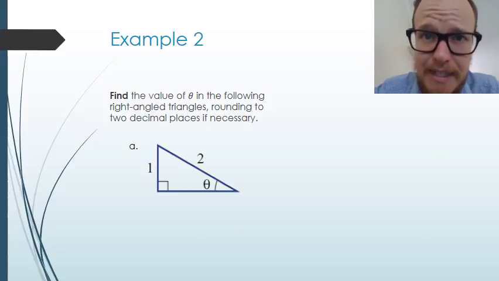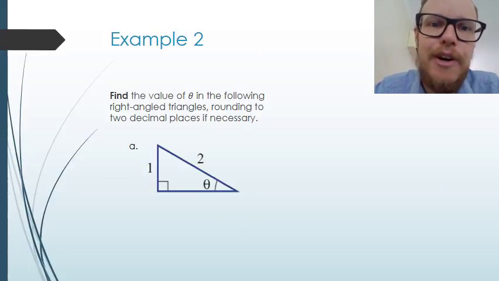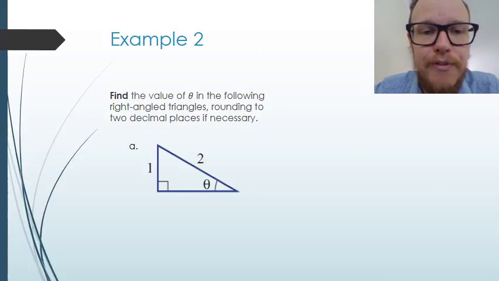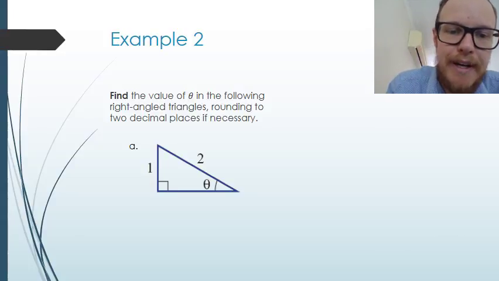So let's have a look at some examples of how to do this. Firstly, we need to find the value of angle theta in the following right angled triangles, and we need to round to 2 decimal places if necessary. So our first one here, we've got our angle, we've got the opposite side, and we've got the hypotenuse.